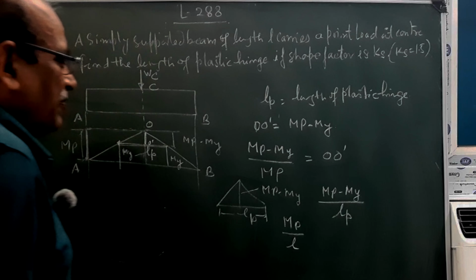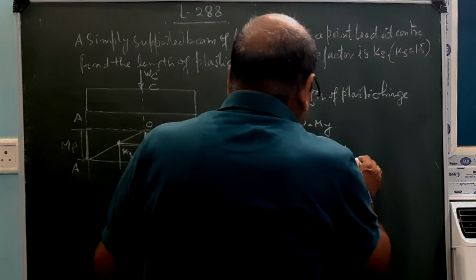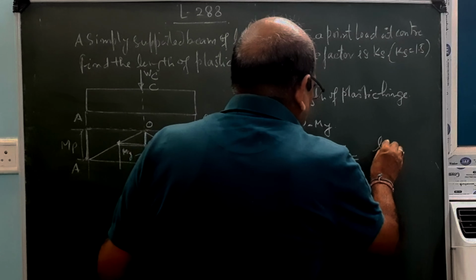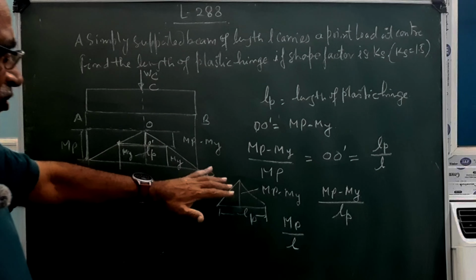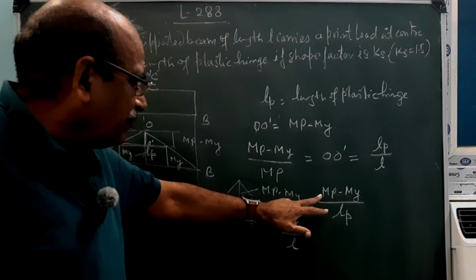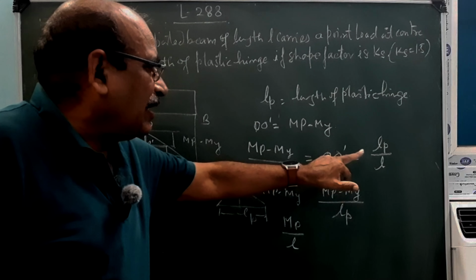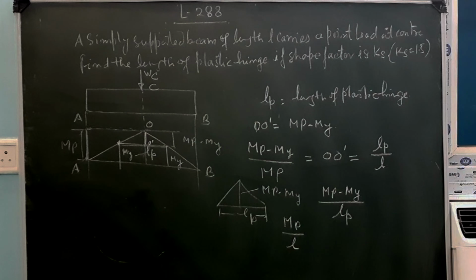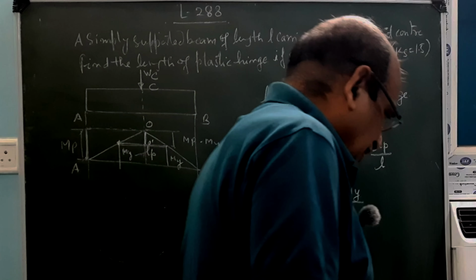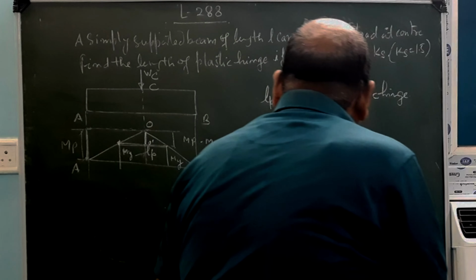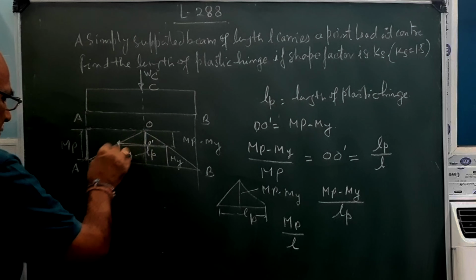So this MP by L will be something like that. Dividing this whole ratio, we will find LP by L. We imagine this triangle and the whole triangle.